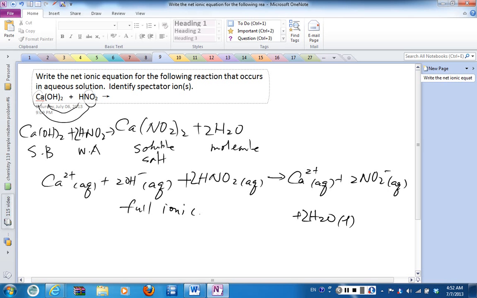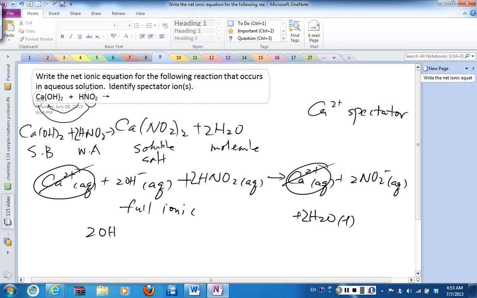Let's see, do we have calcium, calcium 2 plus, aqueous, cancel. Calcium 2 plus is a spectator. Do we have any other ones? Not really. Okay. We've got only one spectator ion, and the result now is once we get rid of calcium, you can see that the 2's can actually be all cancelled.